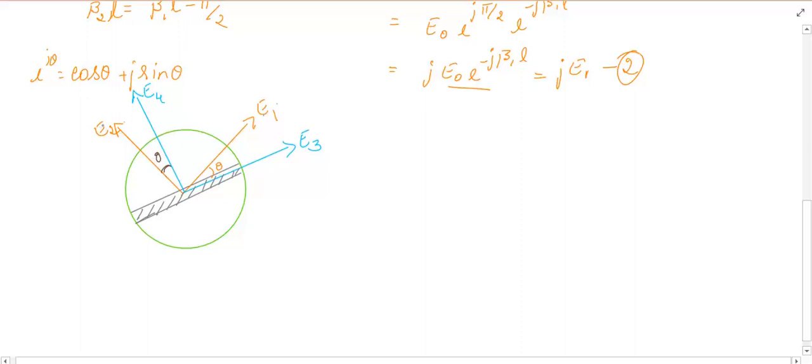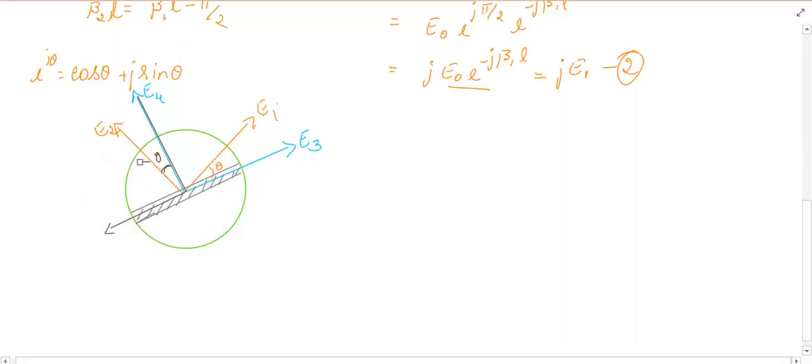If this angle is theta, I can say the cos component of E2 is along E4. The cos component of E2 is also along E4, as well as the sine component of E2. The sine component of E2 is here.